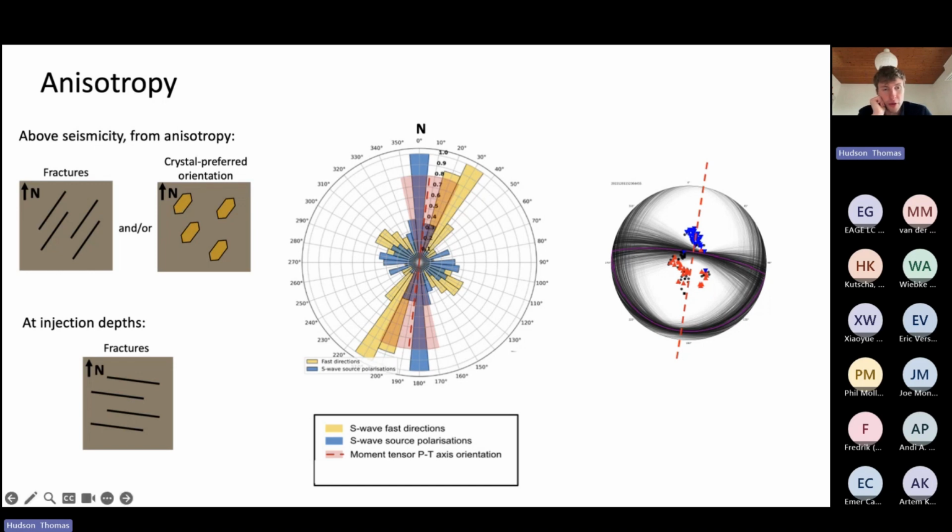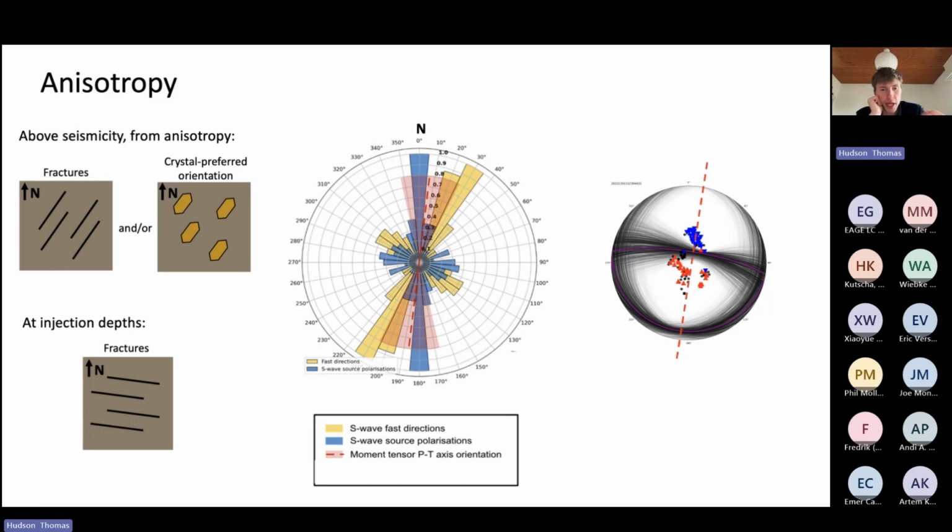Or, alternatively, it could be caused by crystal preferred orientation. I'll show you some well-log data in a minute that backs up this observation. But this is a really interesting result because it suggests that the crustal stress state at the injection region is different from the crustal stress state above the injection region.